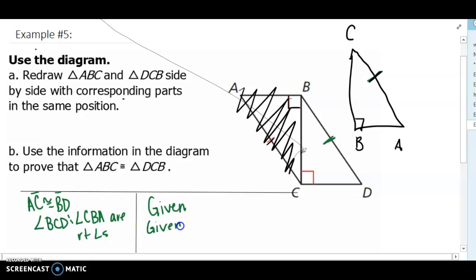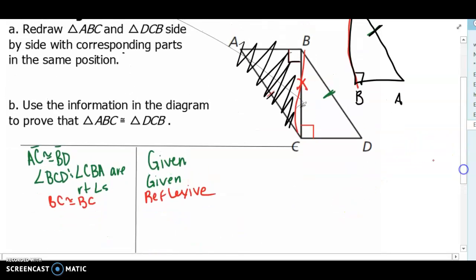That's also given. Okay, now if we look back to this original picture, here's BC, they share this. So I can say BC is congruent to BC. That's the reflexive property.